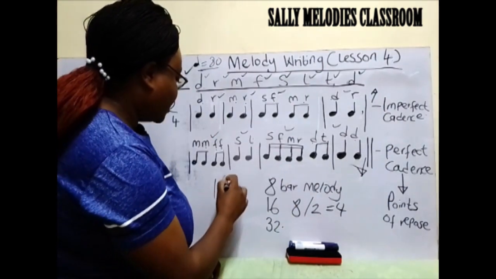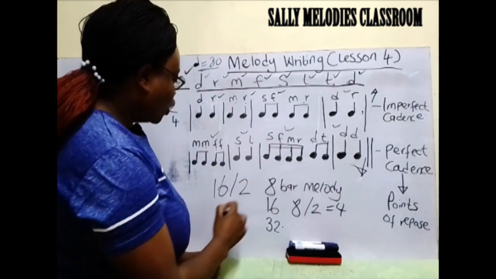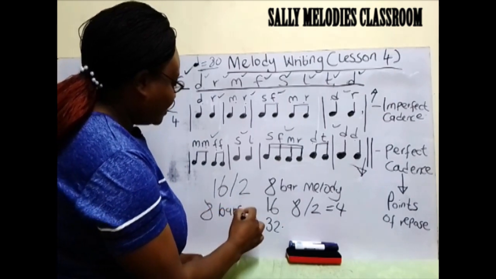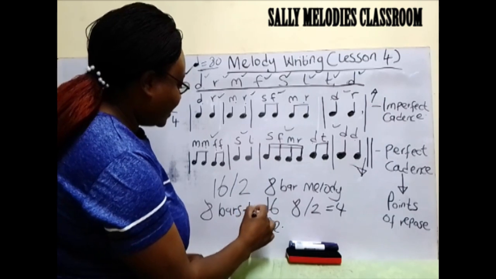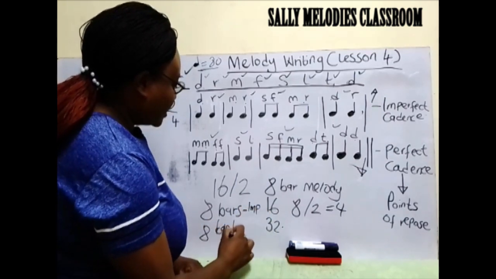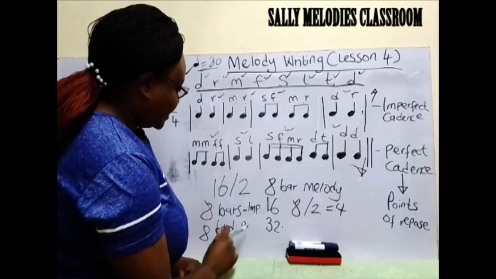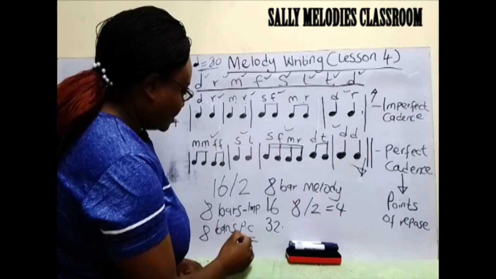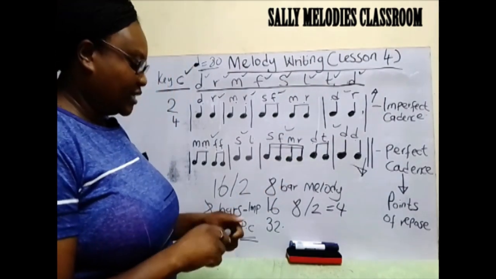Same applies with 16. You can divide it by 2. You can say that 8 bars will end at imperfect cadence, and then the other 8 bars will end at the perfect cadence. So you split them like that.